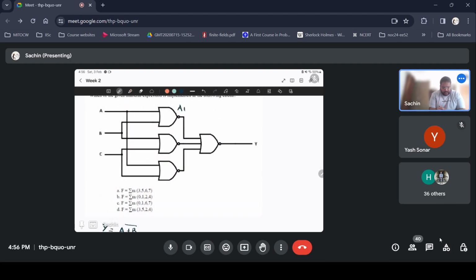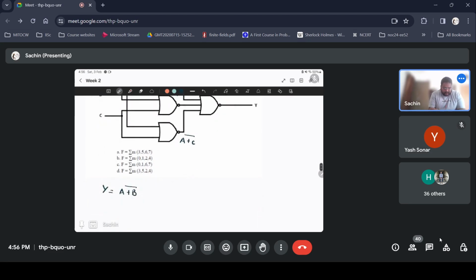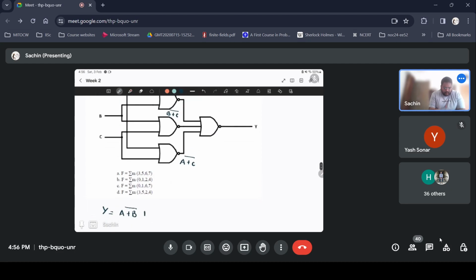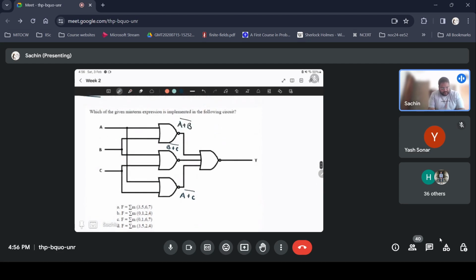For the second NOR gate, the inputs are B and C, so this is (B plus C) complement. For the third NOR gate, the inputs are A and C, so this is (A plus C) complement. And all these three are fed to another NOR gate, so the output is the OR of all these three inputs, the whole thing complemented. So this is actually what we have.